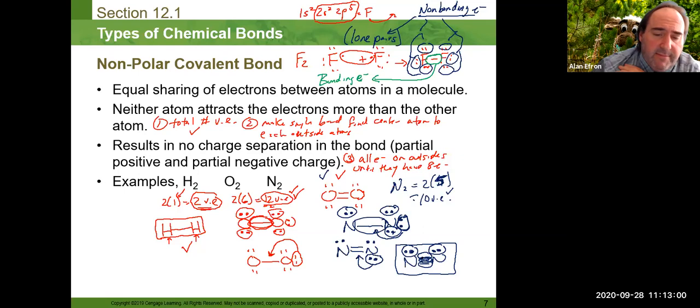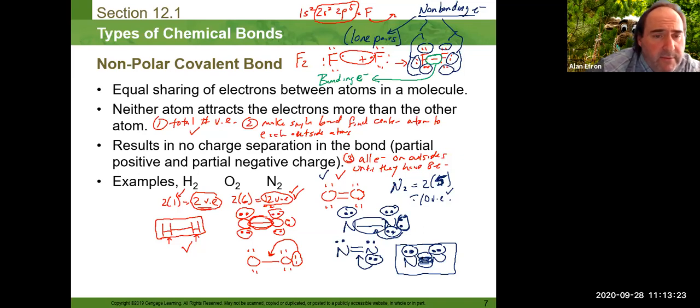That's what you would expect with all the examples that we see here on the screen. They're all nonpolar bonds, because when you take 2 atoms that are the same element, they have the same electronegativity, the same periodic trends, so they're going to share those electrons perfectly equally when they come together.